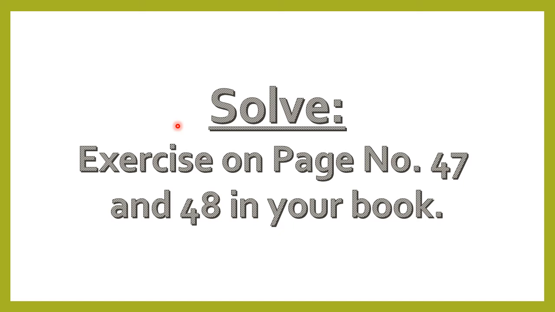And make sure you also learn how to break the big number and do the addition using that method, or you can simply add the numbers directly, add the ones with the ones and tens with the tens. So make sure you solve this exercise on page number 47 and 48.